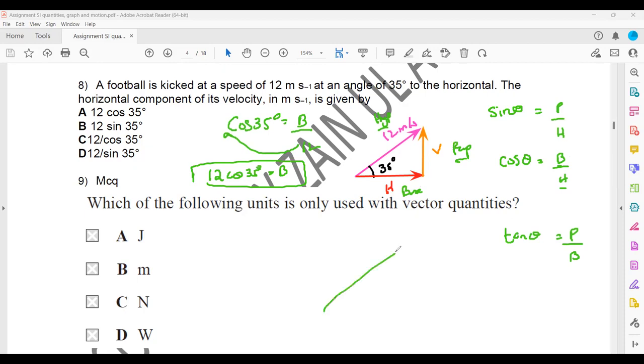Whenever you have a right angle triangle and you know the hypotenuse, remember the horizontal component is written with cosine and the vertical component with sine, if you know the angle with the horizontal. If you know the angle with the vertical, then it will be the other way around. The horizontal component is the base, so cos theta is base divided by hypotenuse. That's why it will be 12 cos 35.